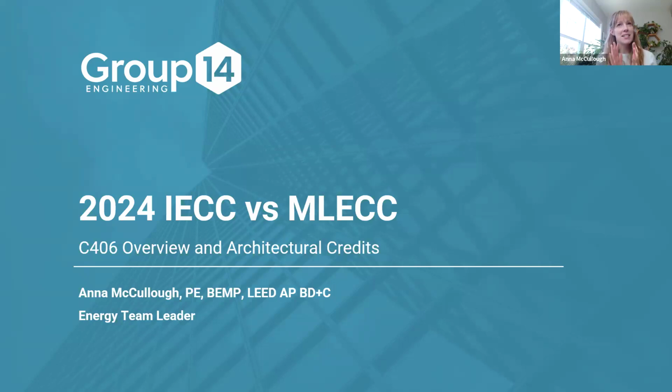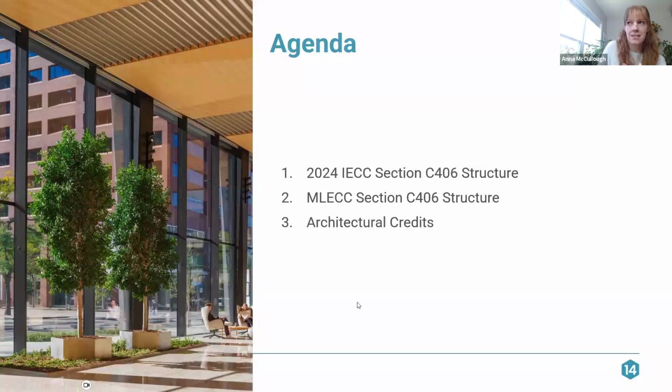Today we're going to be discussing section C406. First, I thought it would be helpful to talk through the 2024 IECC section C406 so that you can understand the basis of the Low Energy and Carbon Code.